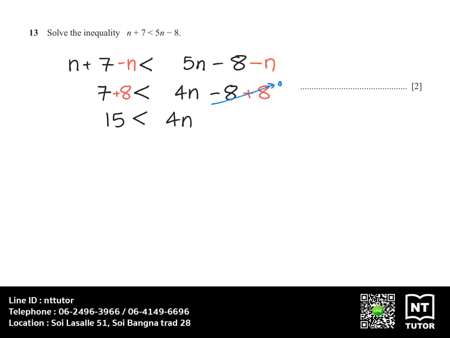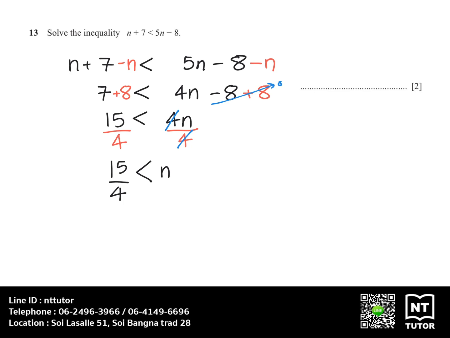So we have 15 less than 4n, and we have 4 multiplied by n, so to remove the 4 we need to divide by 4 on both sides. When we divide by 4 here, the 4 cancels out, leaving n, and 15 over 4 on the other side.